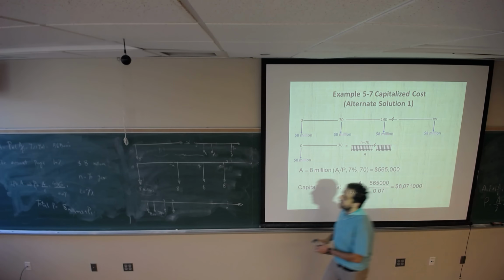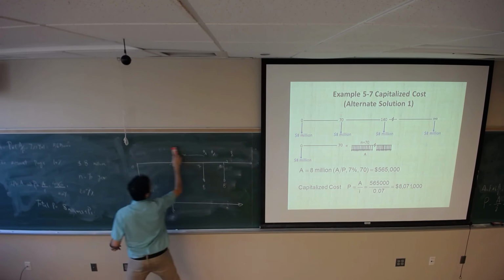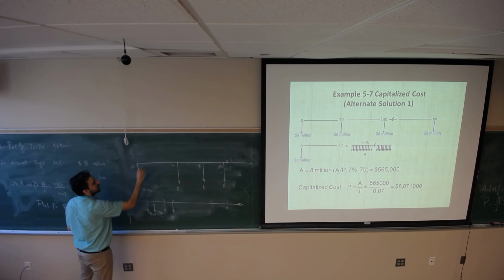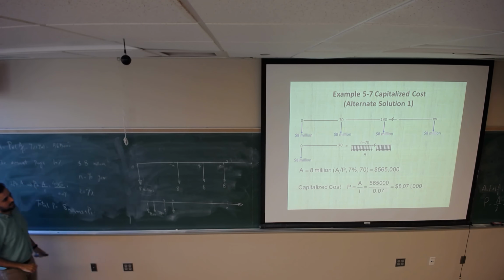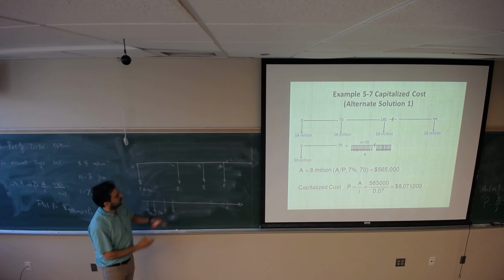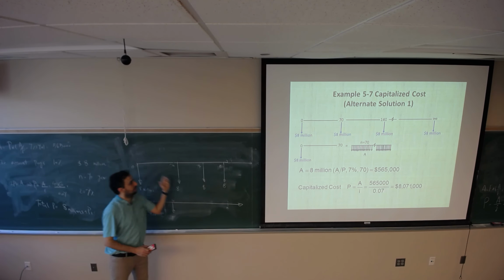So here, the interest rate per year is 7%. Now, when I look at this cash flow diagram, I can see that this payment has been repeated every 70 years.